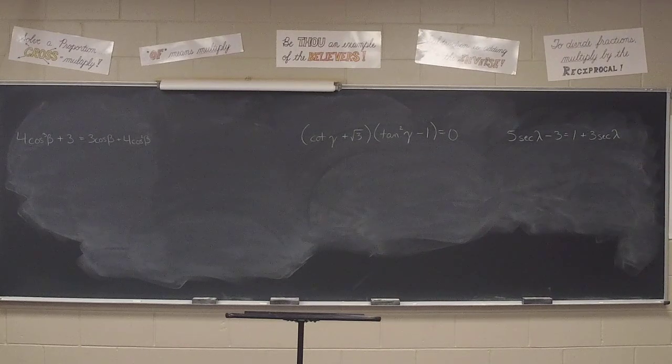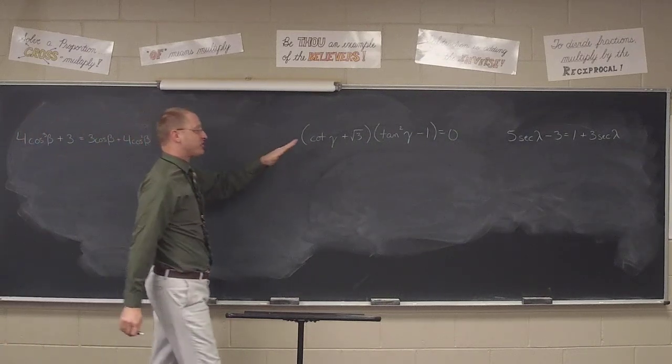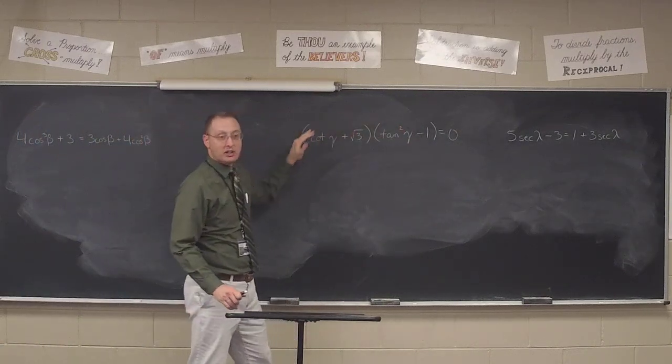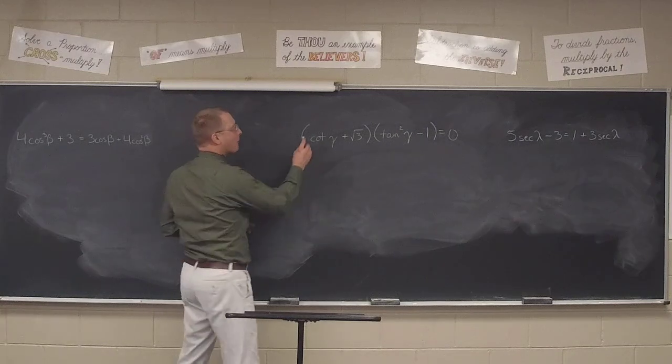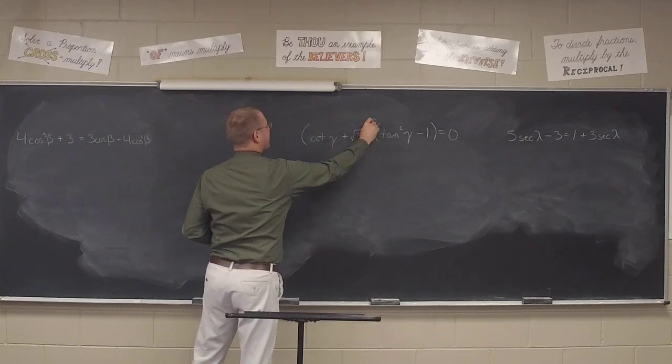In the next problem, class, we see multiple trig functions, and usually if we see multiple trig functions, our strategy is to set it equal to 0 and factor. It's already set equal to 0, it's already factored, right? So we're ready to do our next step, which is to take each factor and set each factor equal to 0. But I'm too lazy to do all of that.